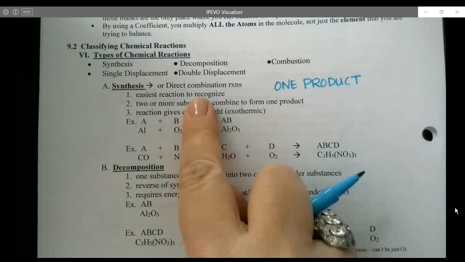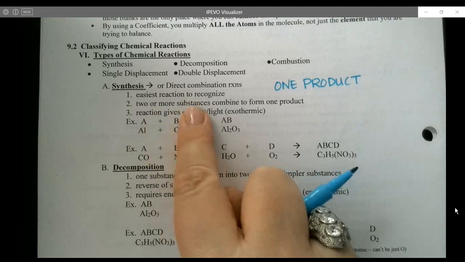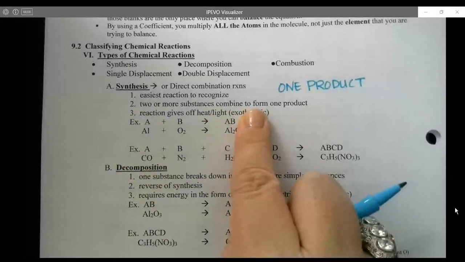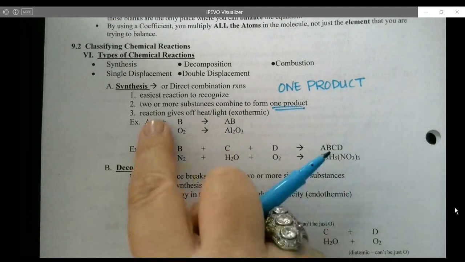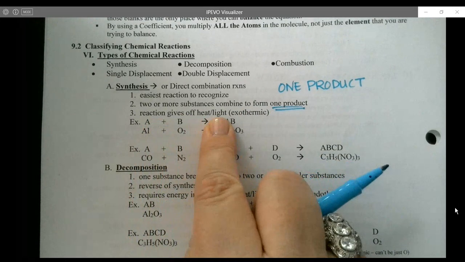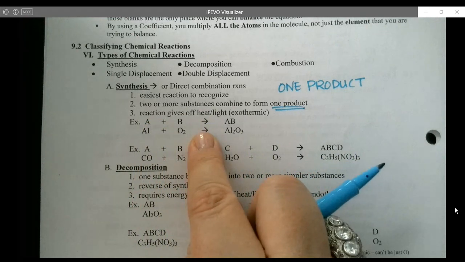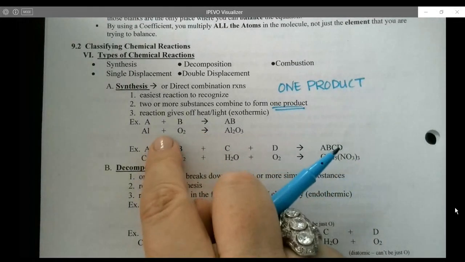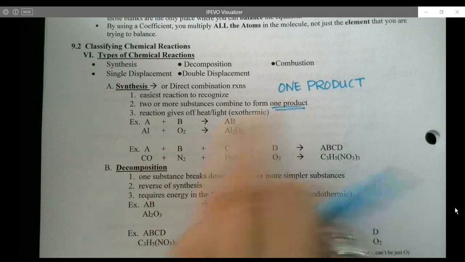Okay, it is the easiest one to recognize, I think. When we take 2 or more substances and we combine them to form this one product, okay? And this reaction is going to give off heat. So kind of like, when you create water, what we see in our space shuttles are actually hydrogen gas and oxygen gas coming together to make water.